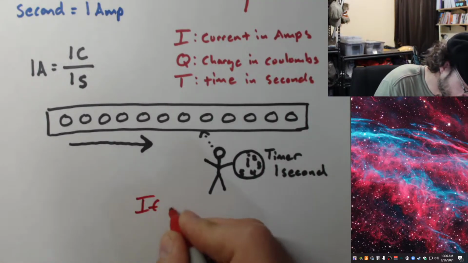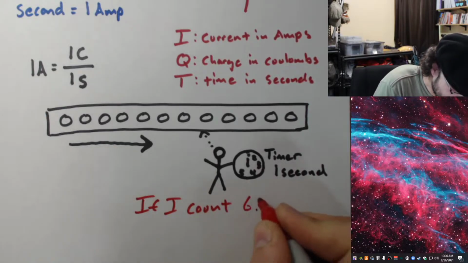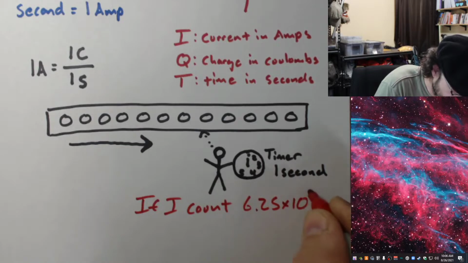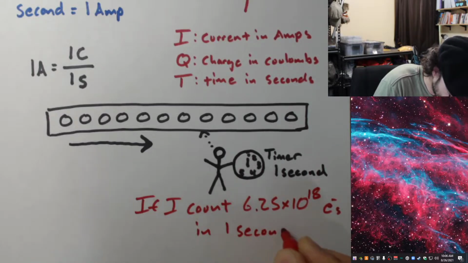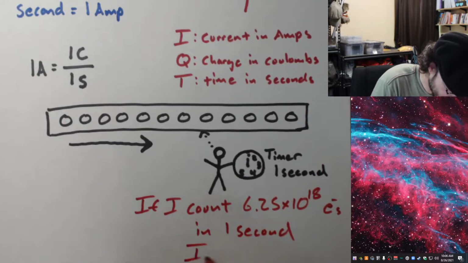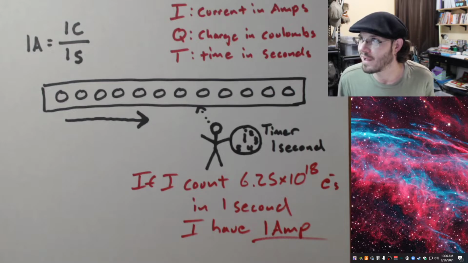If I count 6.25 times 10 to the 18 electrons in 1 second, I have 1 amp. And that's all there is to it.